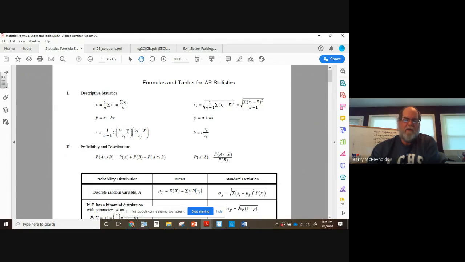Yesterday we did an example of conducting a significance test for a sample proportion. We did a one-tailed test in class, and then I asked you to look at an example problem from the textbook about parking.